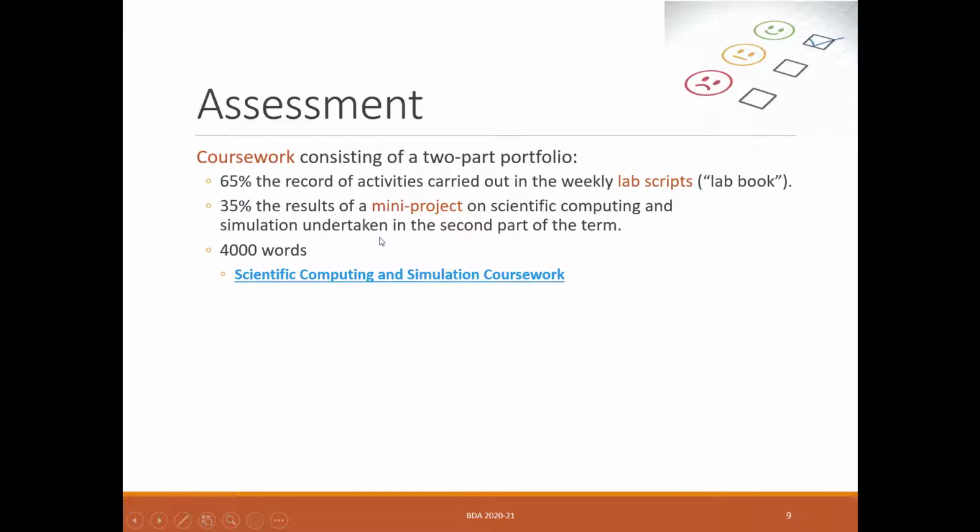For further details, please have a look at the Module Coursework Scientific Computing and Simulation Coursework Word file on the Moodle site. In this file, you can find information about deadlines, how to prepare your lab book, how to document your mini project, and the marking scheme.